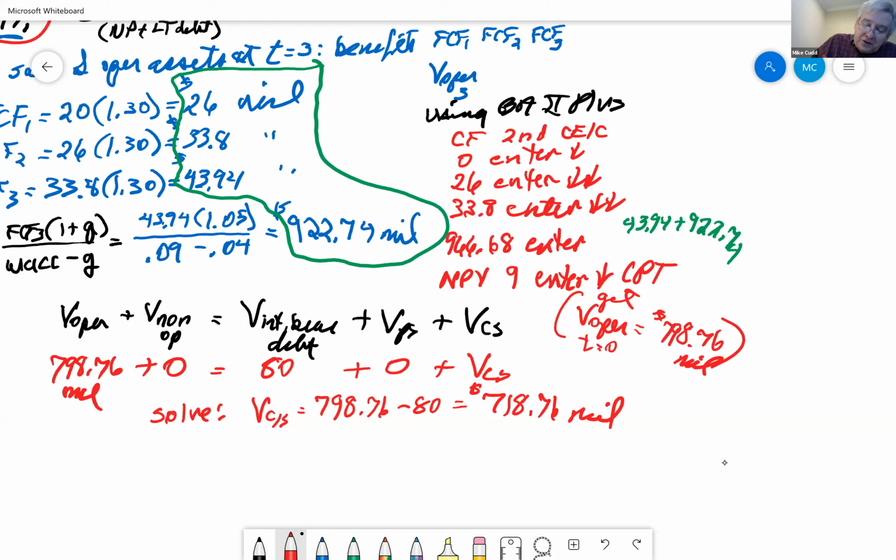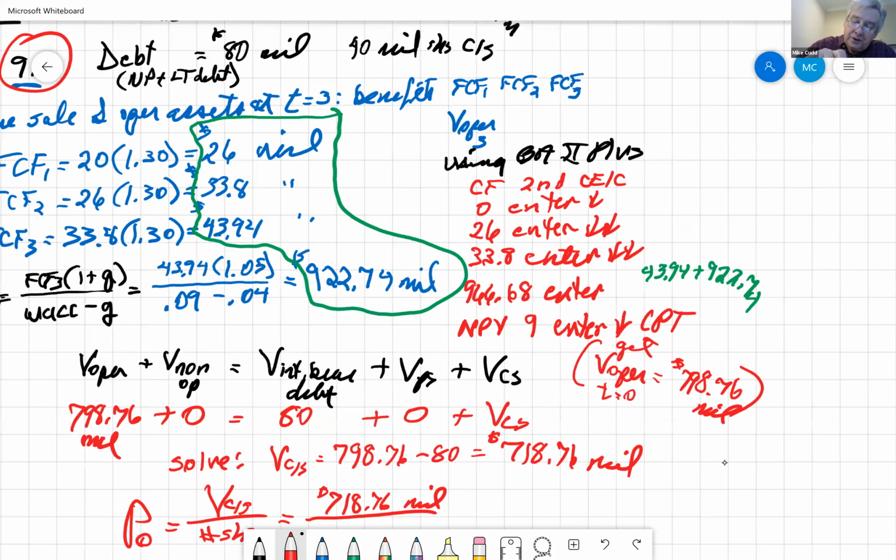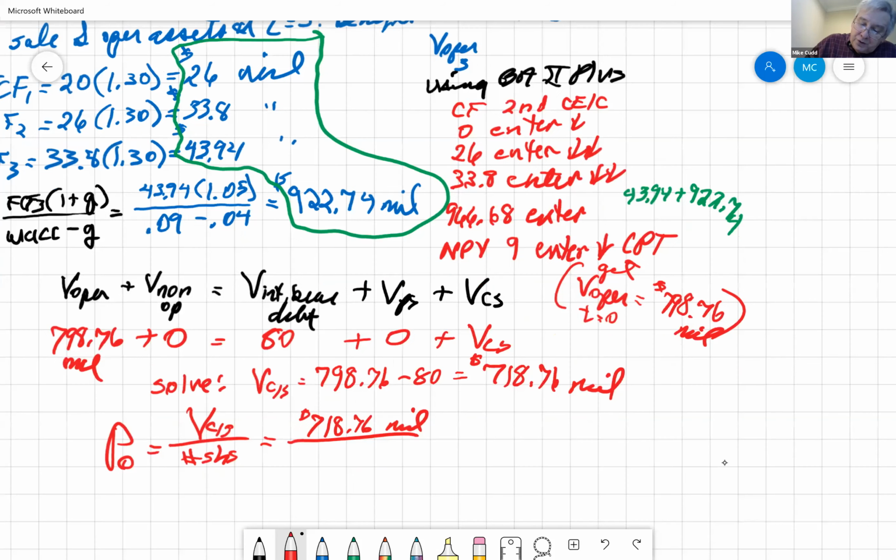Then finally, to get the value of the stock per share, we take the value of all the shares divided by the number of shares. And we had how many shares of stock outstanding? 40 million shares.